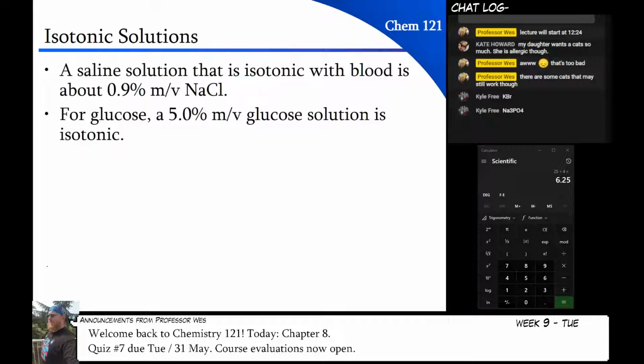It's heavier, and it doesn't split into two pieces. Sodium chloride will split into two pieces, because remember, all ionic compounds will dissociate, and we have colligative properties depending on the number of pieces that happen. So, these two solutions are very relevant to you if you are working in emergency care.